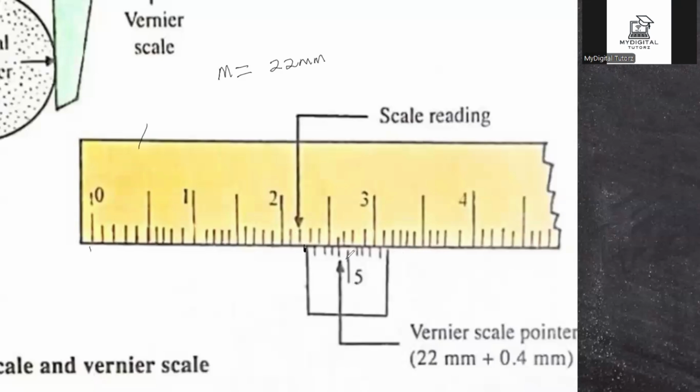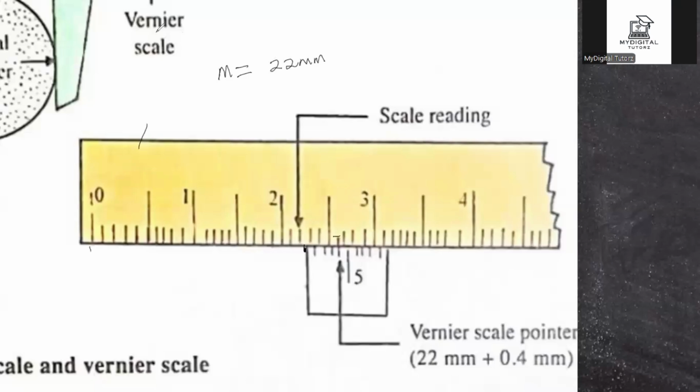So we are looking for a point of coincidence now. If you start from here, this line is not in coincidence with any line on the main scale. This one is not either, and the same thing with this one.